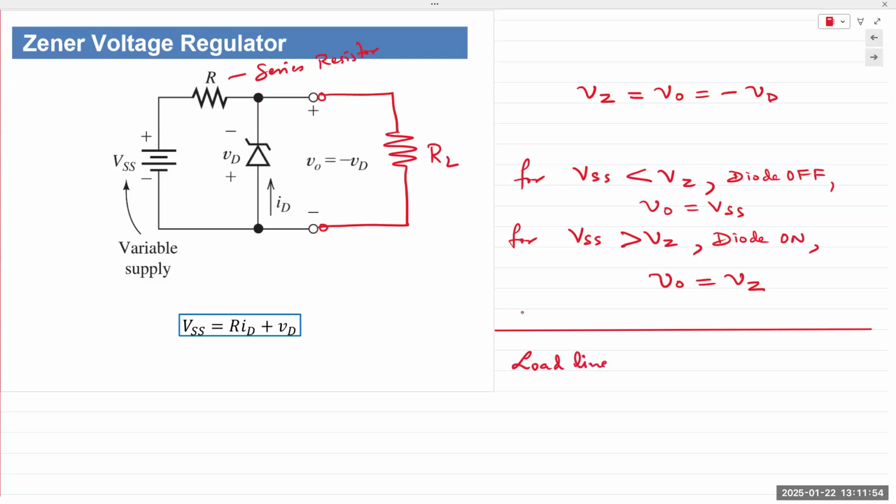This is the load line analysis. VSS is 15 volts. Our resistor R is 1 kilo ohm. And we are asked to find the output voltage.